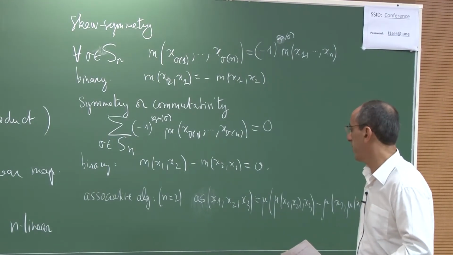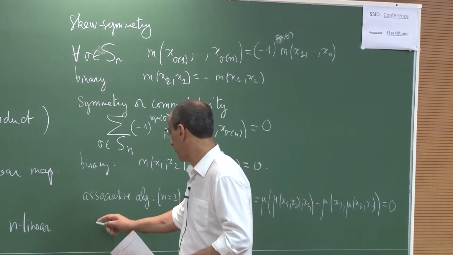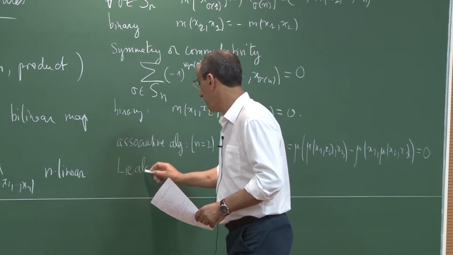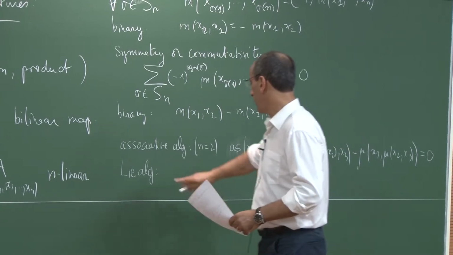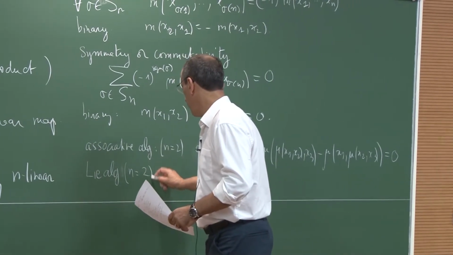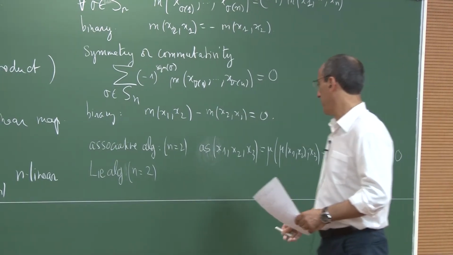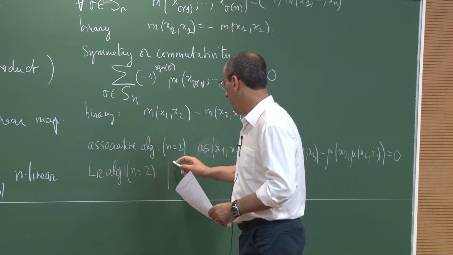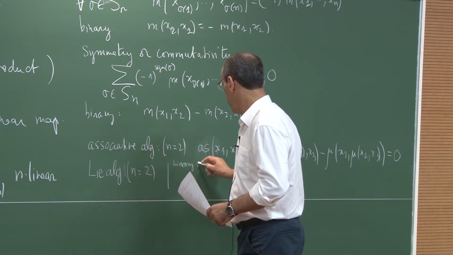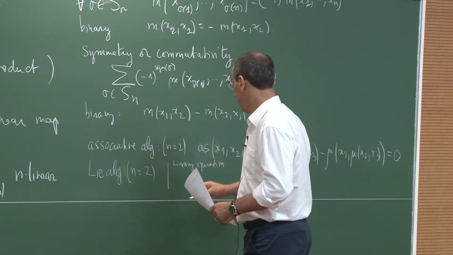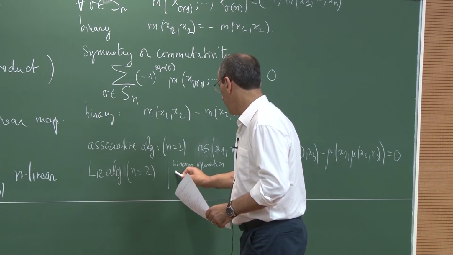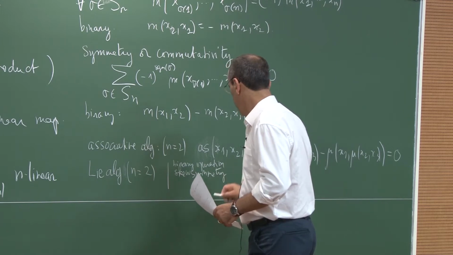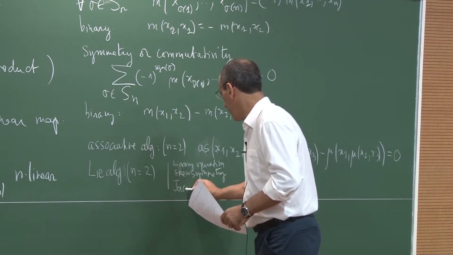We also have Lie algebra, which is also an important algebraic structure. Here is the definition for n equal 2; maybe you know it already. It is a binary operation, and we need skew symmetry and also the Jacobi condition.